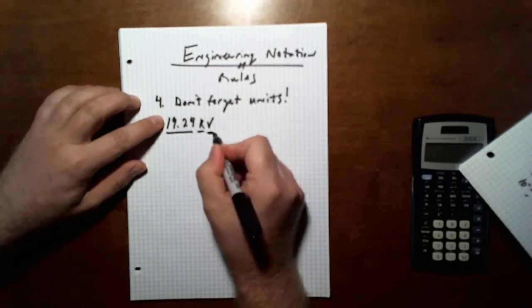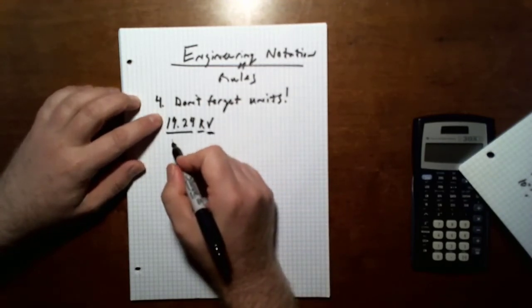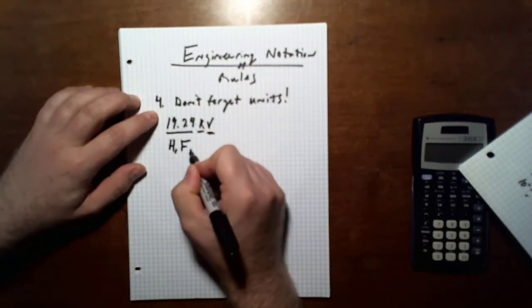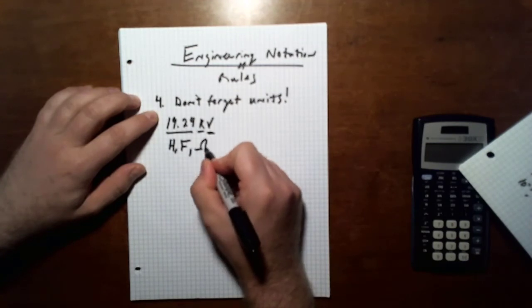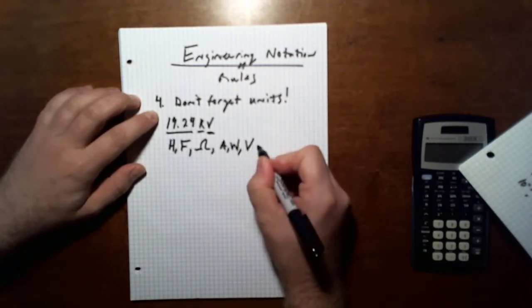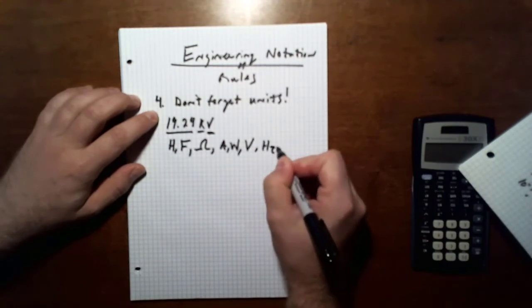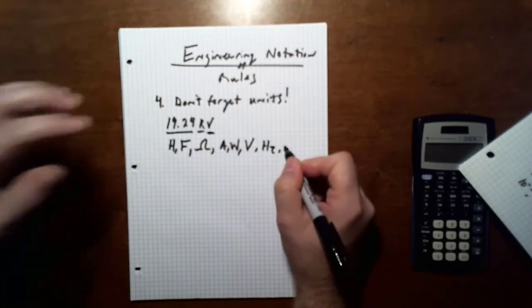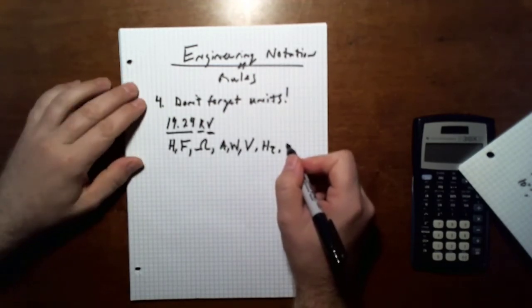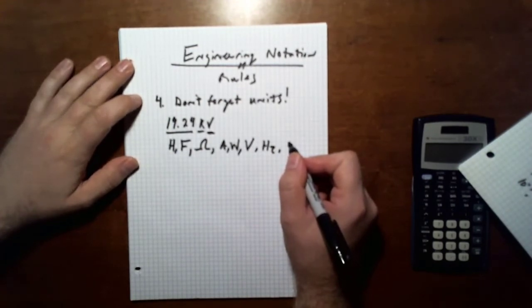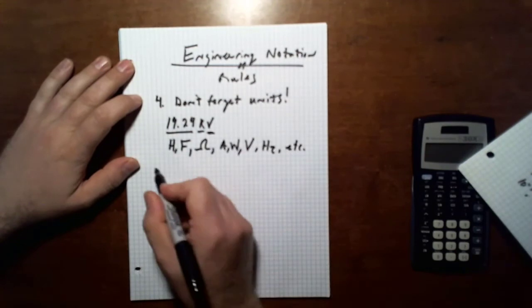Kilovolts, and then the volts part. Our units can be anything like henries, farads, ohms, amps, watts, volts, hertz, and items like that. There's even wild ones out there like Teslas, things like that. Coulombs, you may have heard of those in your AC and your DC. So we'll just do etc.